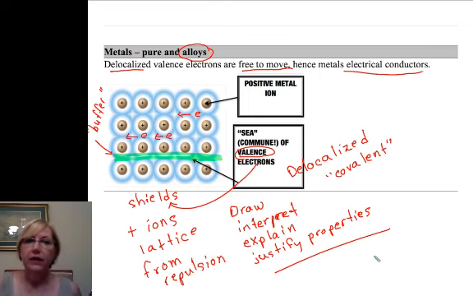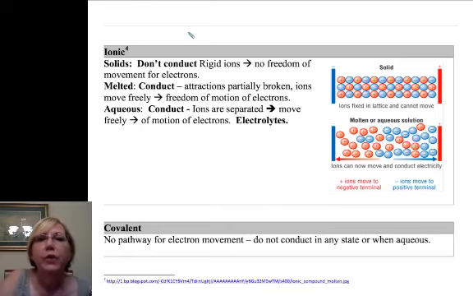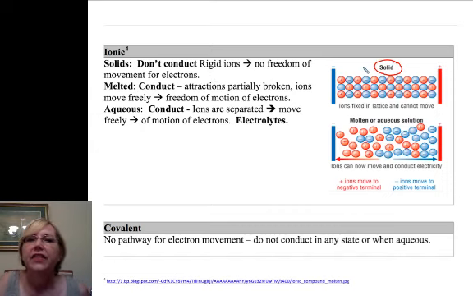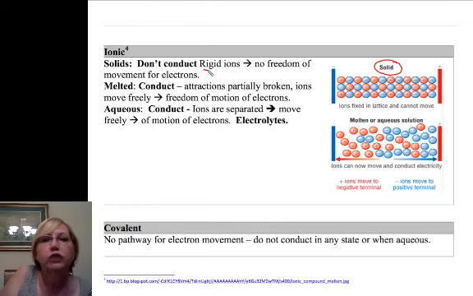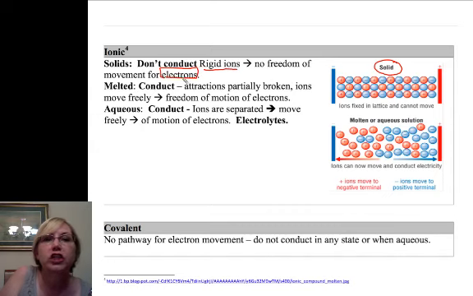Okay? All right, so that's our metallic structure and conductivity. What about ionics? Ionic solids, it depends. It depends on their state. What we find is that if it's an ionic solid, the ions are held rigidly in place, which holds the electrons rigidly in place.